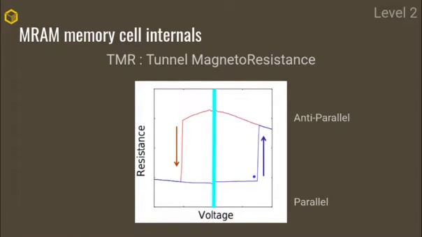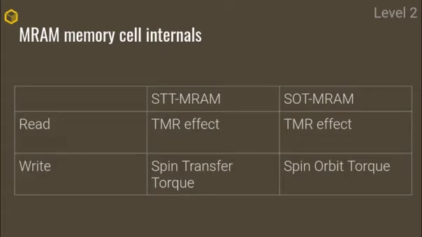Now we'll look more into detail on how we switch that polarization, and that is the fundamental difference between both types of MRAM. So the read process is the one I presented you, is something we call TMR, and the write process is actually what differentiates both MRAM types.